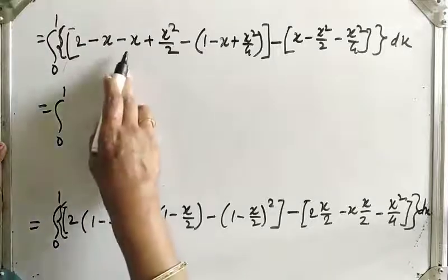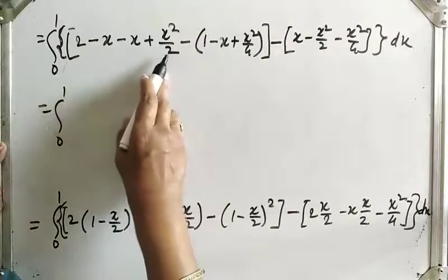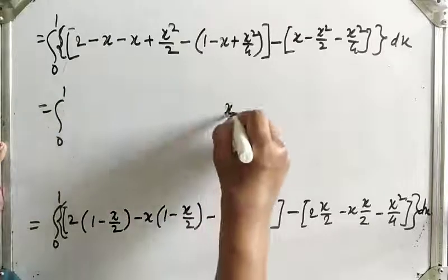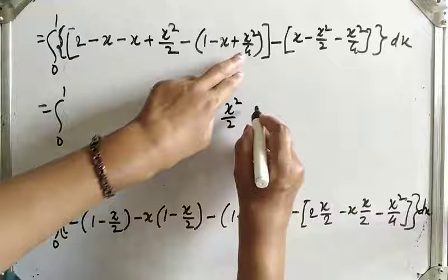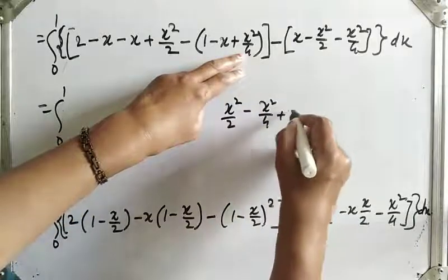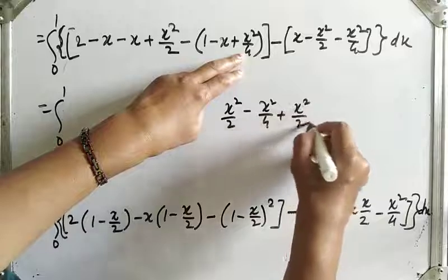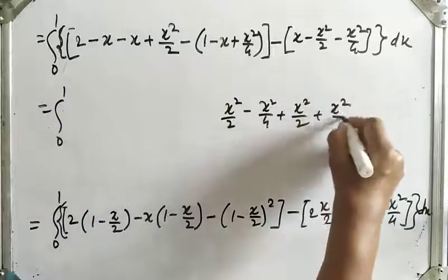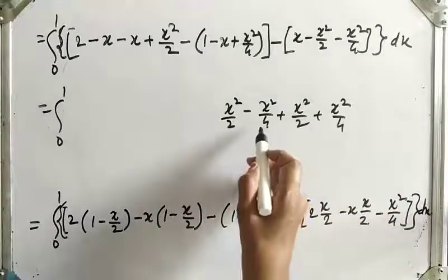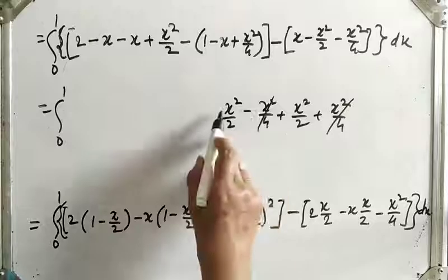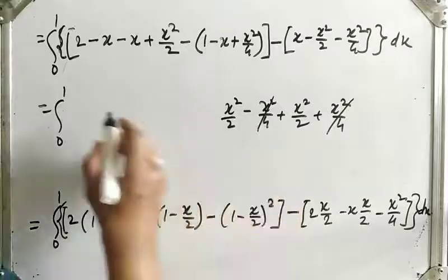So we will write it as x square by 2. Now x square, what are the terms? x square by 2, then here minus x square by 4, here plus x square by 2, plus x square by 4. So minus x square by 4 plus x square by 4 will get cancelled. 2x square by 2, that is x square.